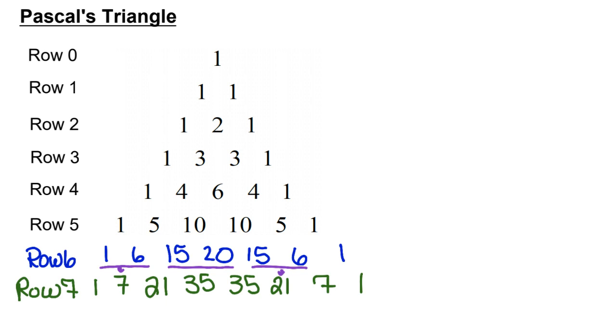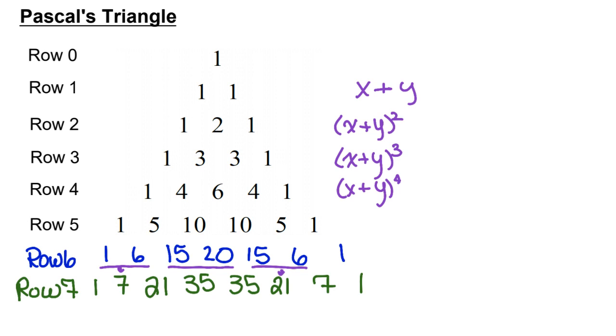Remember, a binomial is 2 terms. So we're going to start with row 1 representing x plus y. Row 2 is representing x plus y squared. Row 3 is x plus y cubed, x plus y to the 4th, and so on.